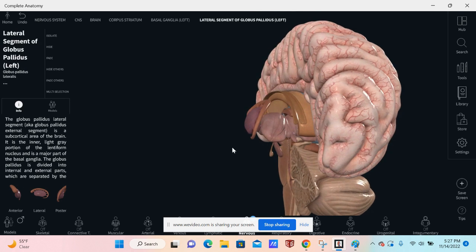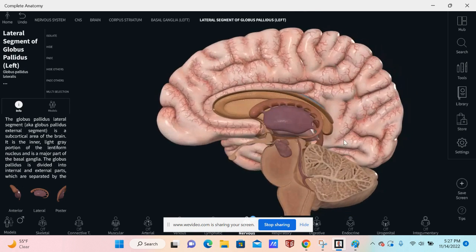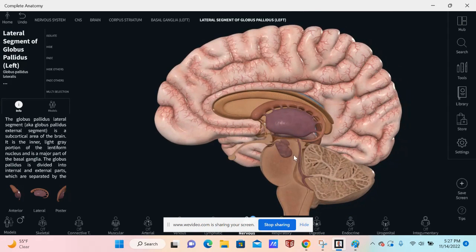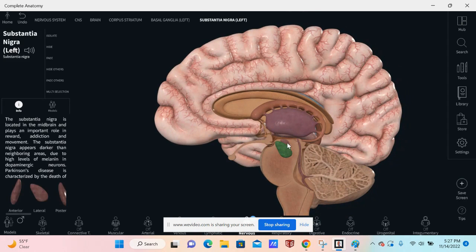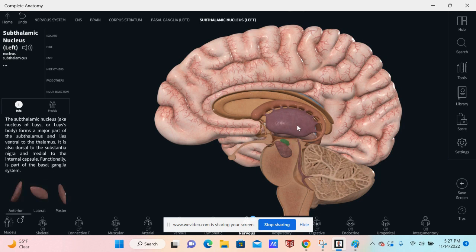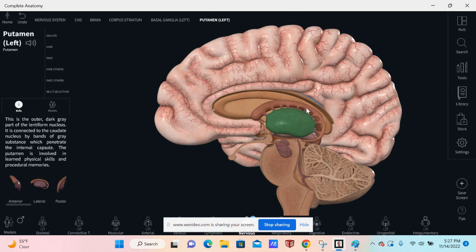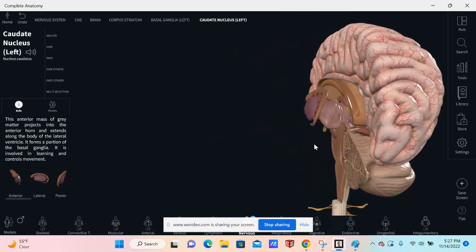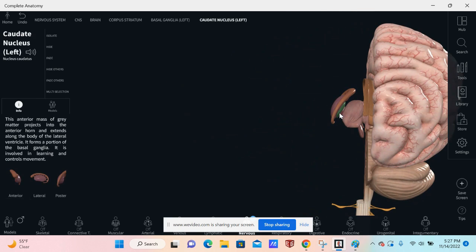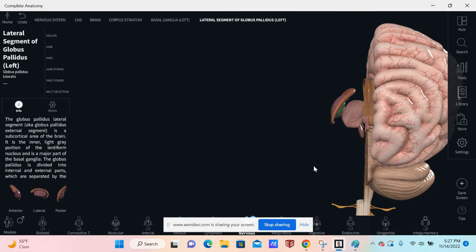And so those are the main parts of the basal ganglia: substantia nigra, subthalamic nucleus, putamen, caudate nucleus, and the globus pallidus.